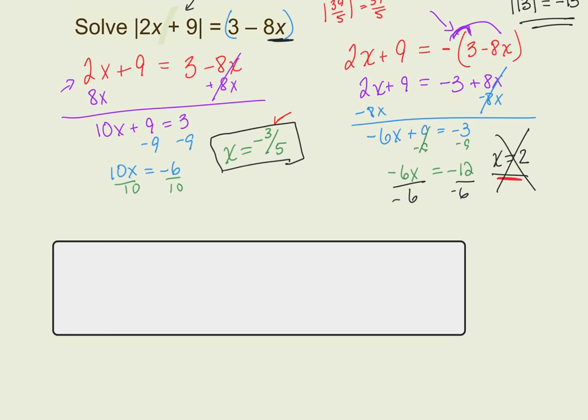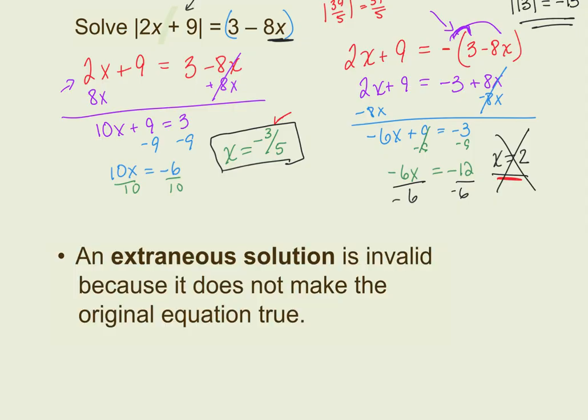And so when you have an answer that you solved for, but it does not work, this is called an extraneous solution. An extraneous solution is one that you got from setting those two insides equal to the positive and negative, but when you plugged it back in, it did not make your statement true. And so an extraneous solution is not a solution, it's a false solution. And that's when you need to make sure you check these, because you can get extraneous solutions in these problems.